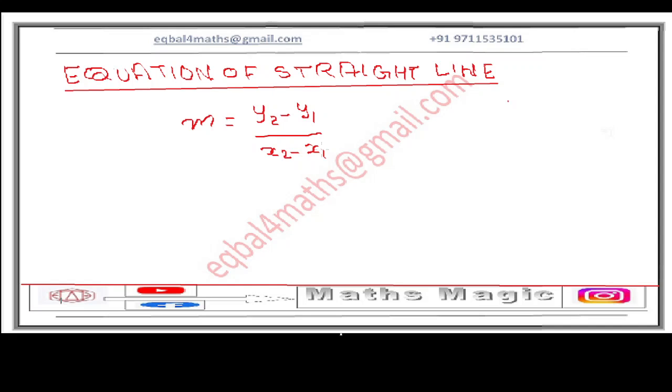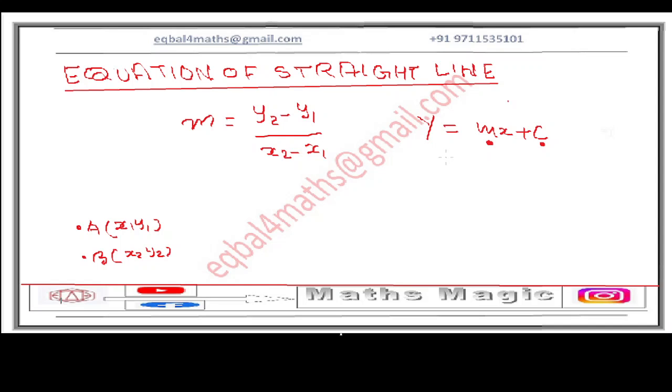Now once the gradient is calculated, we can move on to find further details. For example, if you are using y = mx + c, what will you do? If you are given the coordinates of A as (x1, y1) and of B as (x2, y2), then you need to find the gradient and the y-intercept.